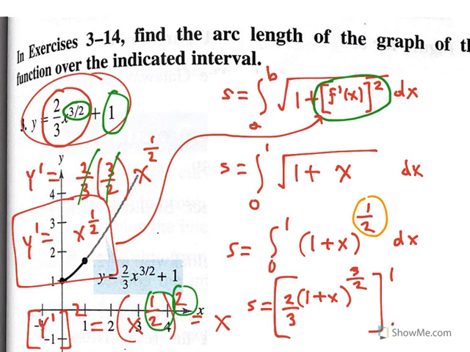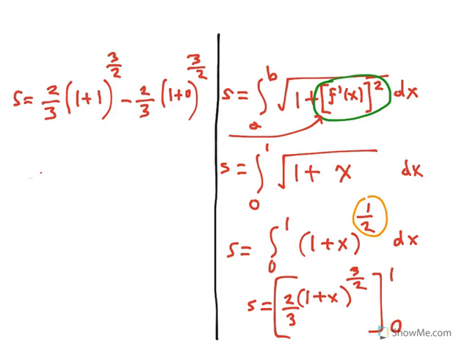And then you will use the fundamental theorem of calculus to complete the problem. So we evaluate the antiderivative at the upper and lower limits of integration to get what you see in the line above where I'm writing now.